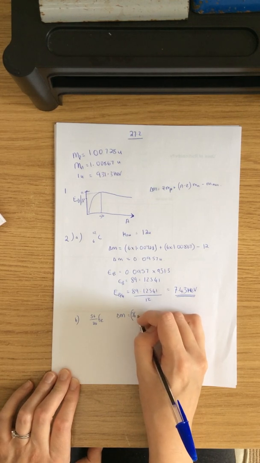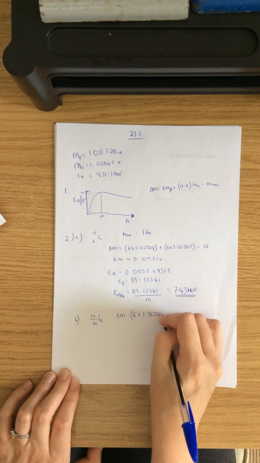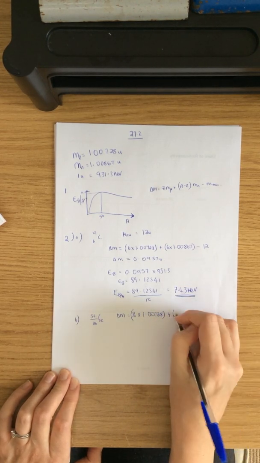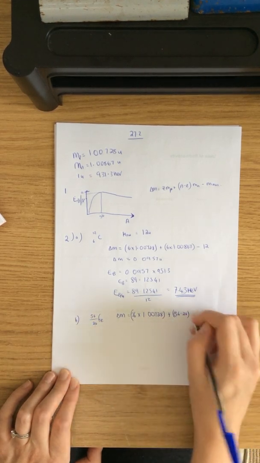So we've got 26 protons, so times that by the mass of the proton, plus 56 minus 26 neutrons.